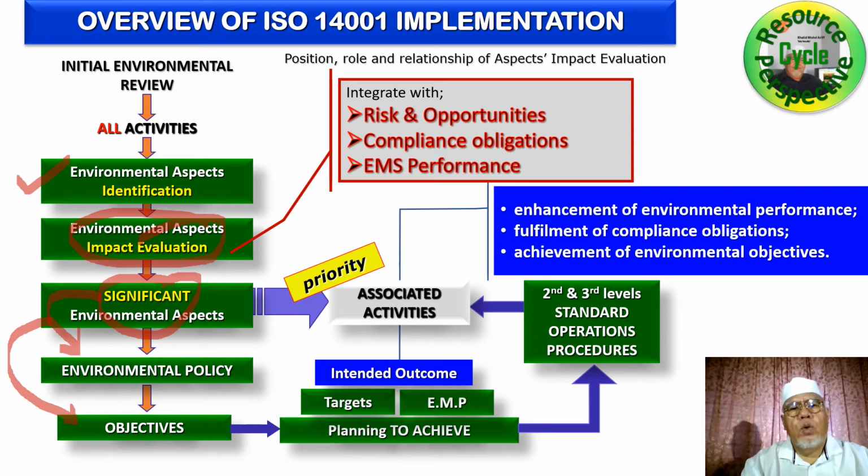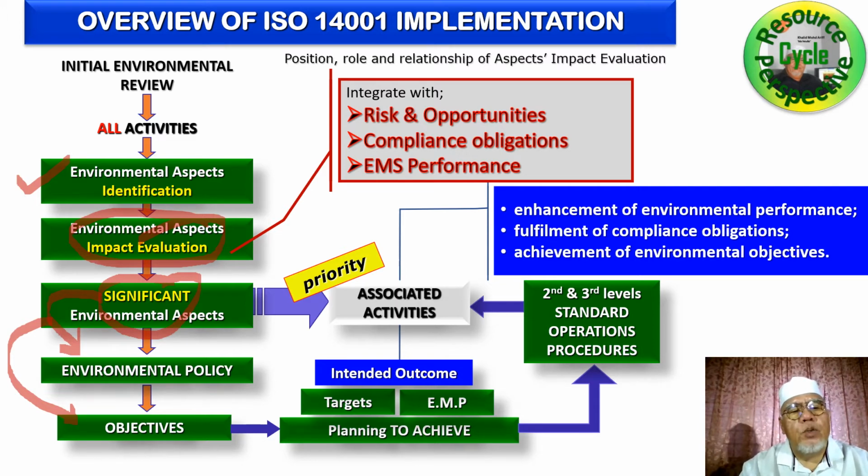What type, what severity, what magnitude, what significance of environmental aspects are we dealing with? Then we start to develop our objective to ensure that we're able to manage all these environmental aspects in view of retarding or slowing down or eliminating their potential adverse environmental impact.